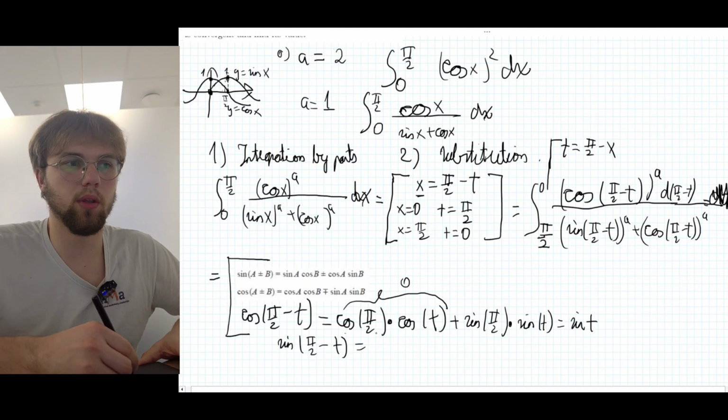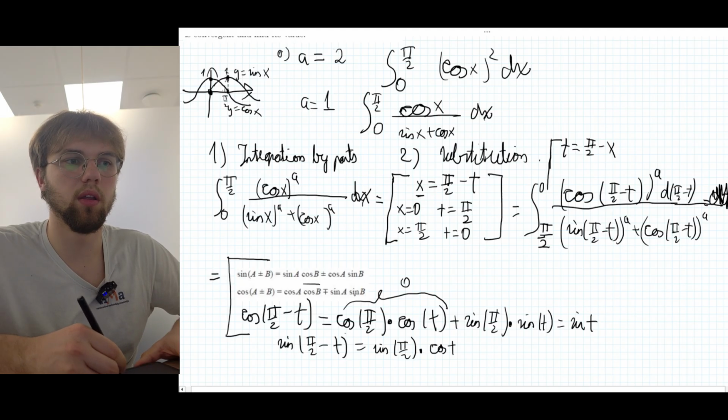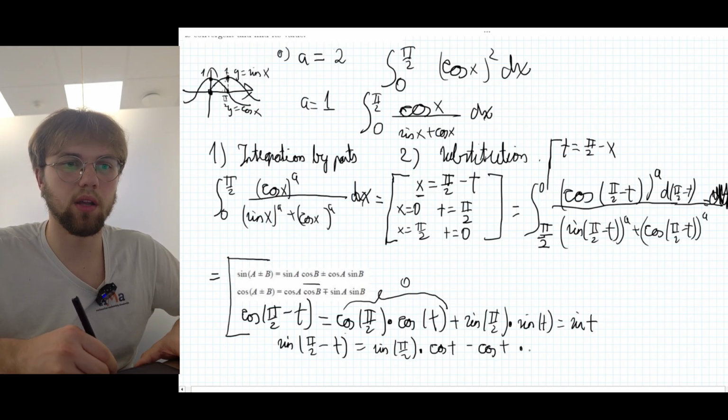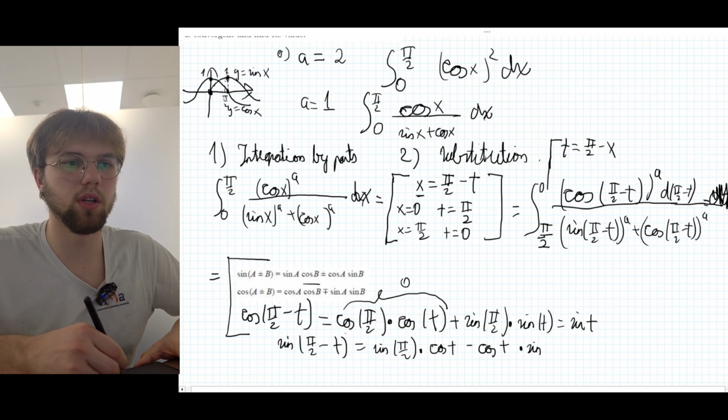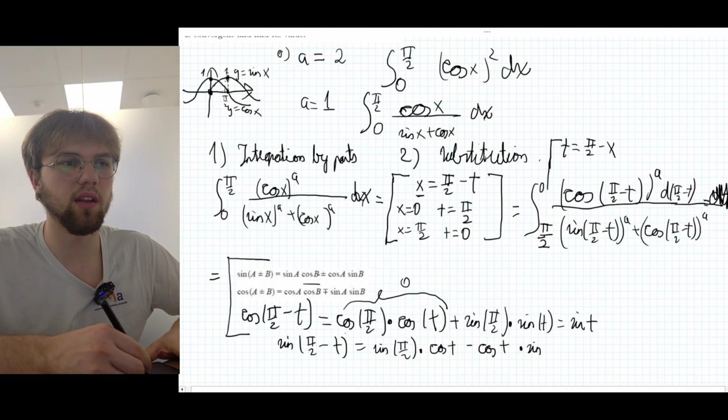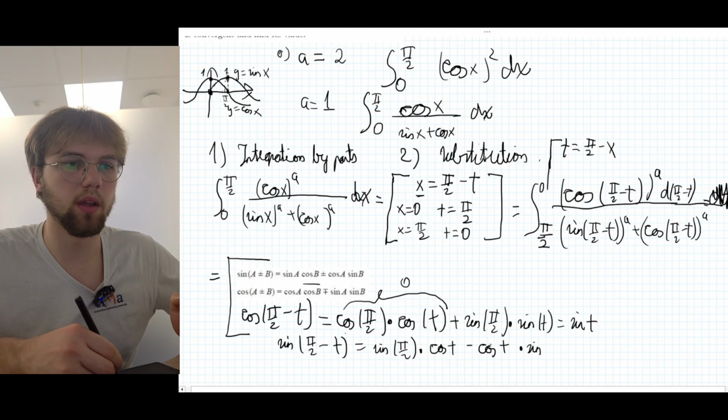we use the same formula. Sine of pi over 2 times cosine t minus cosine t times sine, minus, these are quite weird because most of the time it's written sine a times cos b plus sine b times cos a, so I messed it up.